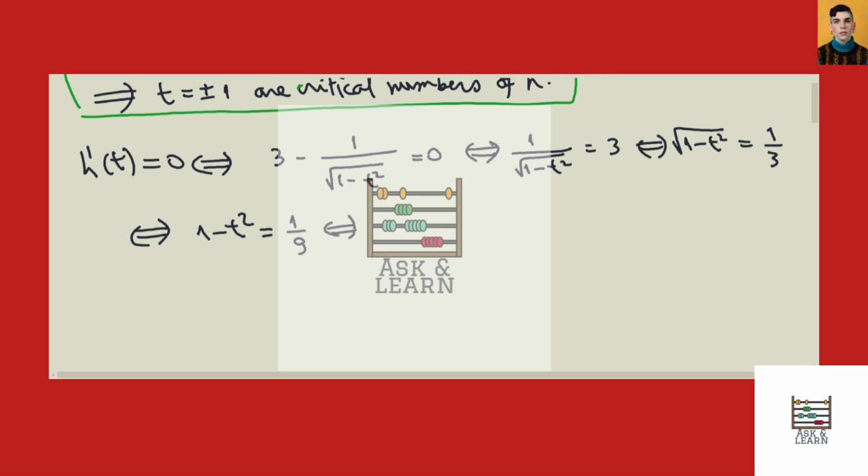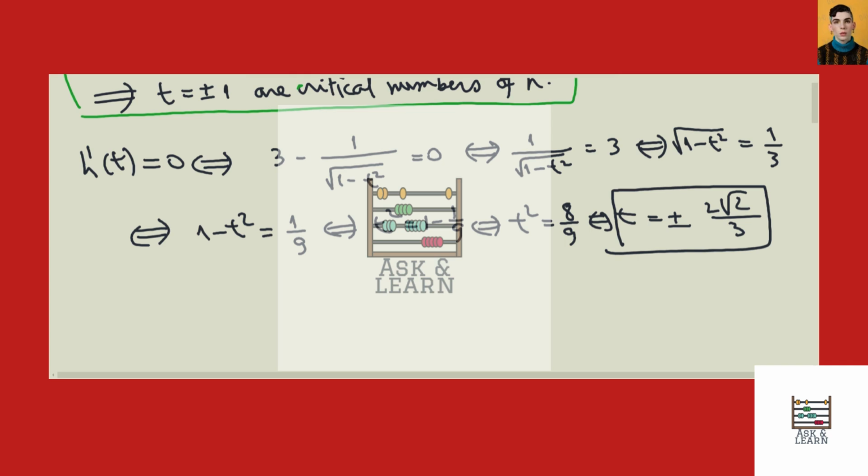Now this is equivalent also to t squared equal 1 minus 1/9, and this is the same as t squared equal to 8/9, and so t has to be equal to plus or minus square root of 8 over 9, that is square root of 8, which is 2 square root of 2, over 3.